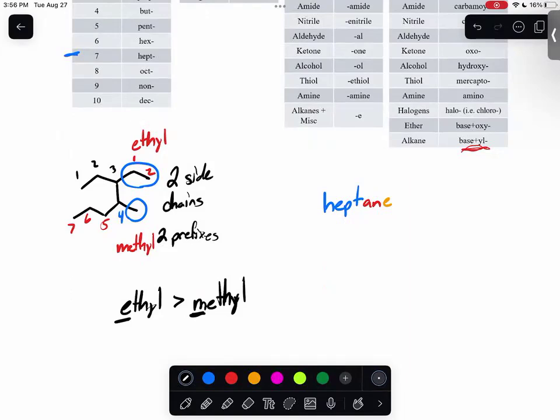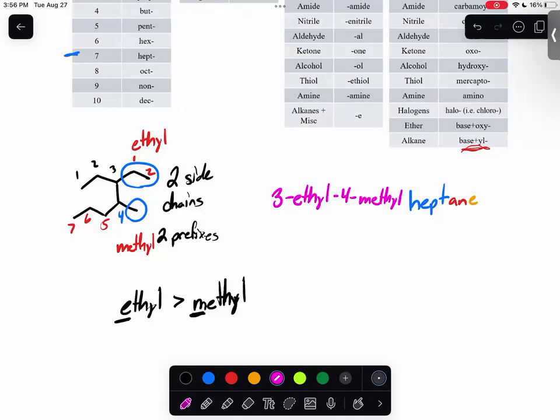So, with that being said, if we wanted to put down the full name of this molecule, it's going to be 3-ethyl, right? Because that ethyl comes first due to alphabetics. 4-methylheptane, right? So we have to have the locants, we have to have the prefixes in alphabetical order. You need the main chain and then any other functional groups.